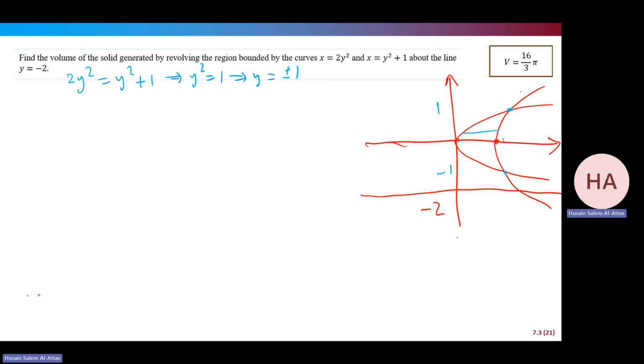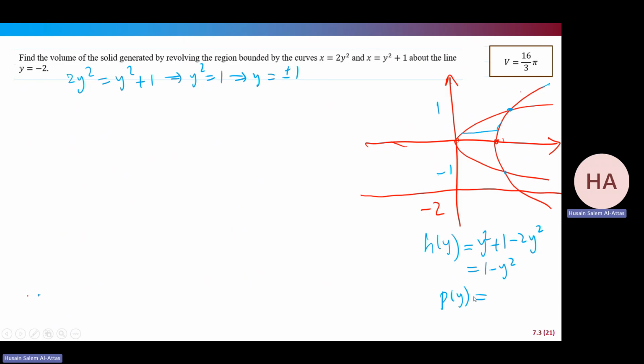Now I need to find h of y, the length of the line, which is this parabola minus this parabola. So now it's ready. I have y squared plus 1 minus 2y squared, which is h of y, 1 minus y squared. What is b of y?